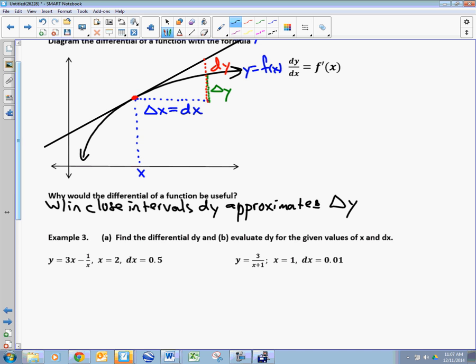For example, if I don't go quite over that far, let's say just go over here, and all of a sudden you see that delta y and dy are very close, aren't they? So that's the amount of change.